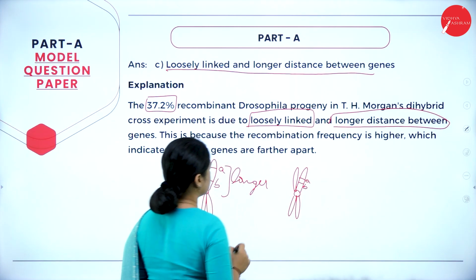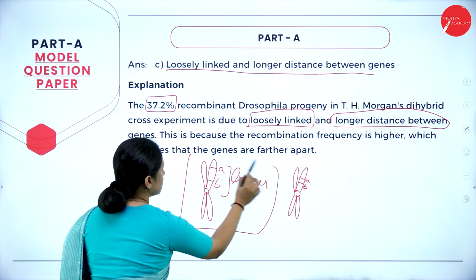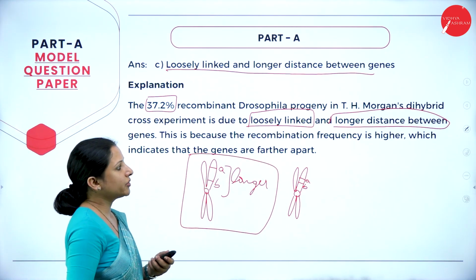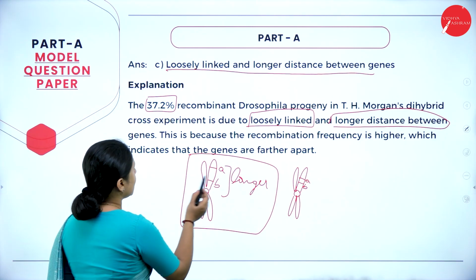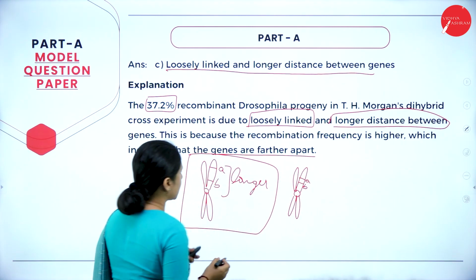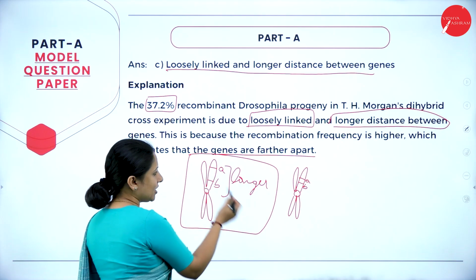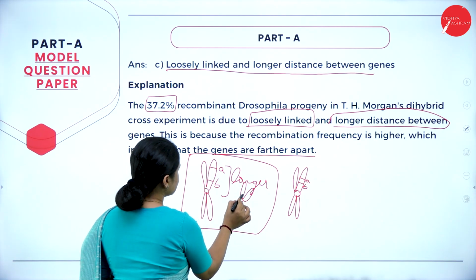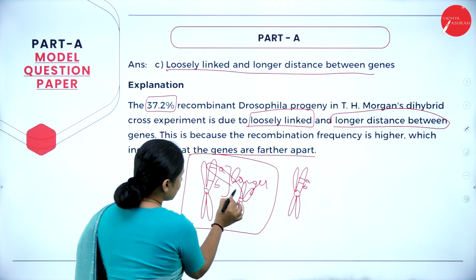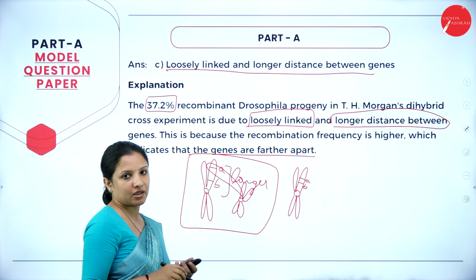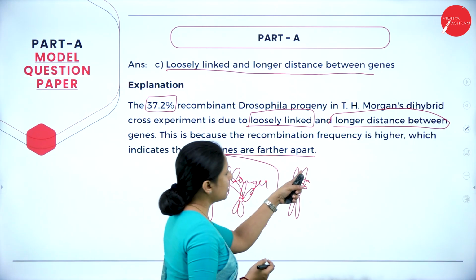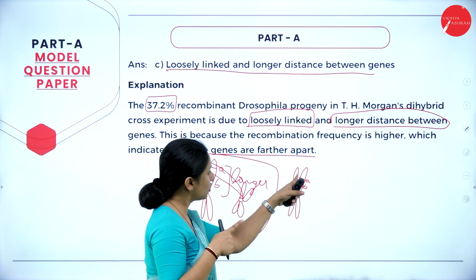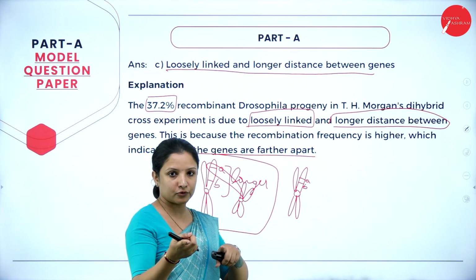So this is how it is. This is what they are talking about. Therefore, the recombination frequency is higher, which indicates that the genes are farther apart. When recombination is happening, say there is a chromosome here and it is recombining with this, then the chances of recombination happening are more. When crossing of the chromosomal arms takes place, both A and B would go to the other chromosomal arm if they were close.